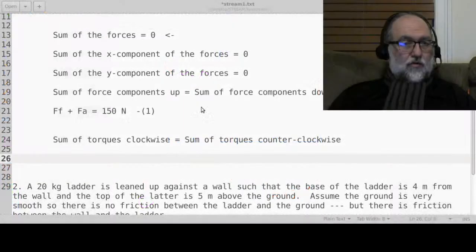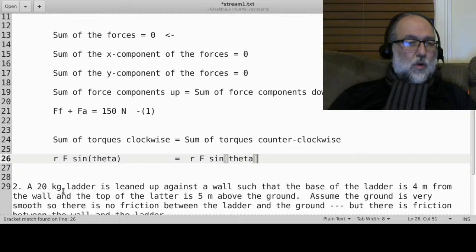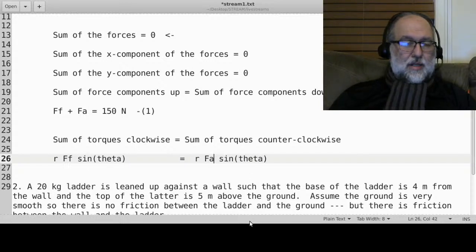Gravity. All right. So over here, the clockwise torque, what's the formula? R F sine theta, like that. And of course, that's got to equal on the other side also R F sine theta. But this one is due to the fulcrum. And this one is going to be the applied.